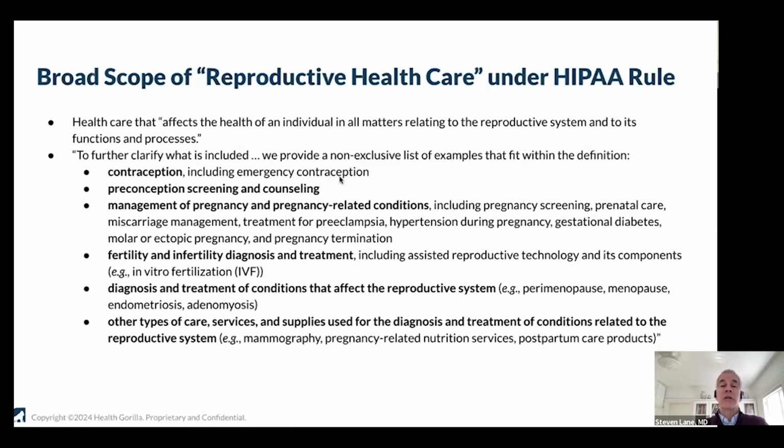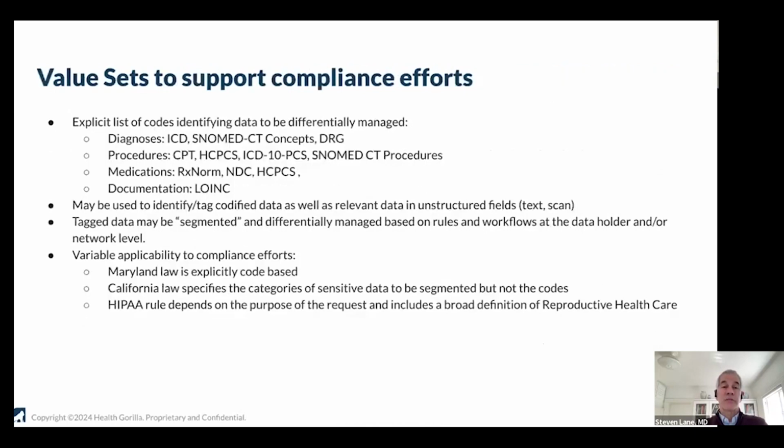So you'll hear about efforts that are going on to create and provide value sets for all of these areas, but it's important to realize that because this is a purpose-based rule, this will not be a comprehensive solution in the way that potentially in Maryland we can do that because of the codes being specified in the law itself.